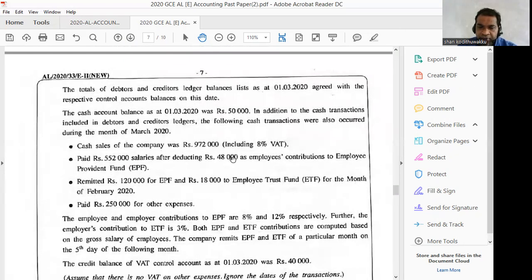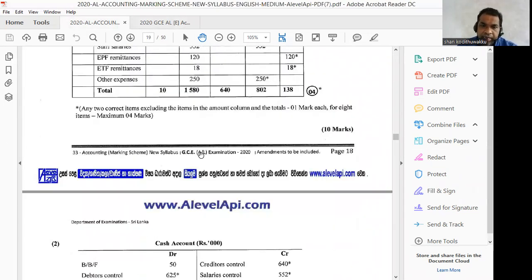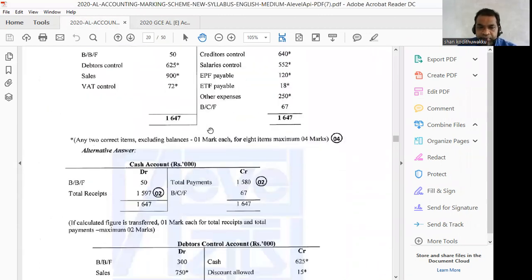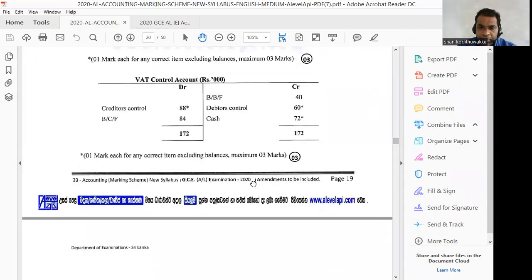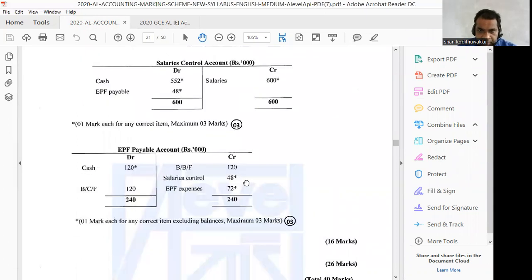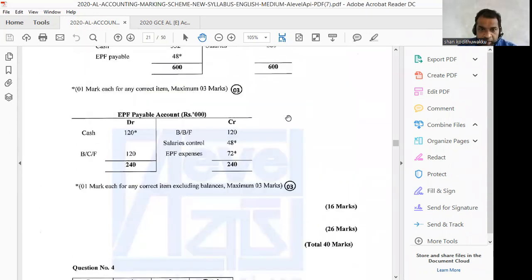Then you divide this 48,000 by 8% and multiply by 3%, equal to current month ETF 3%. Then you will take the current month ETF portion, the payable portion. Then ETF expense account debit, and you can credit ETF payable account. We are not preparing that account, but if you prepare, you can credit the relevant amount to ETF payable account.